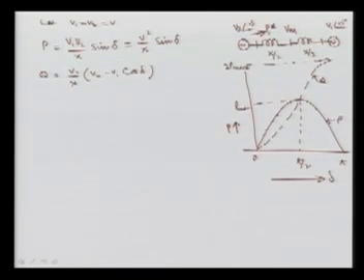We know that the maximum, P max, we get at the angle pi by 2, that is 90 degrees. Putting delta equal to pi by 2, sin delta becomes unity, and we get P max as V square upon X, at delta equal to pi by 2, which I have shown here.